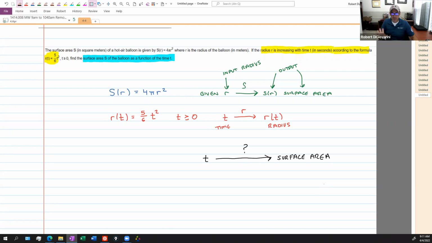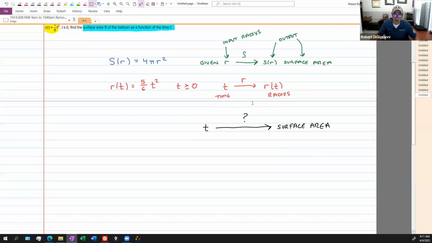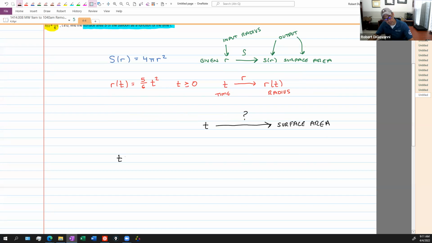So think about it this way. We know how to get from radius to surface area, and we know how to get from time to radius. So if we put these together through composition, we could go from time over to radius and radius over to surface area, right? But that would require the composition of the functions.